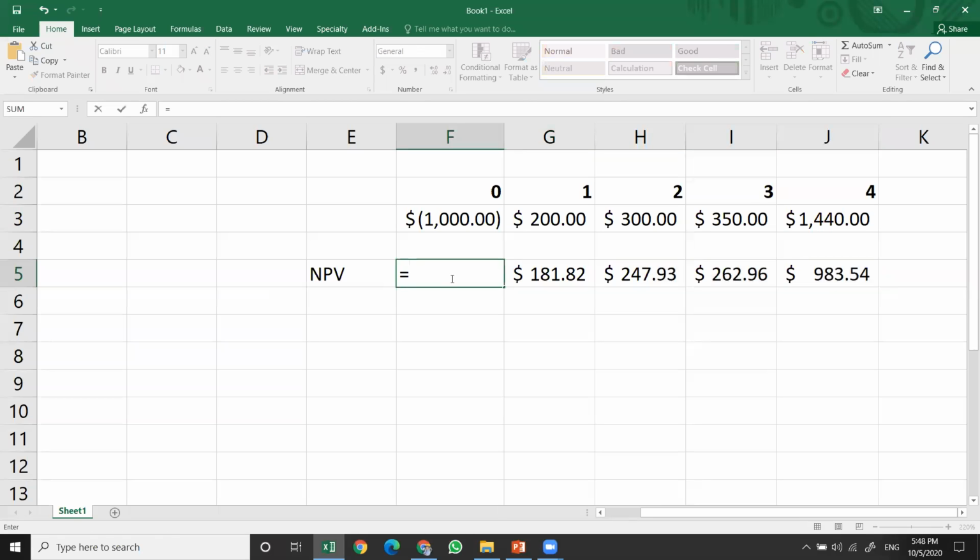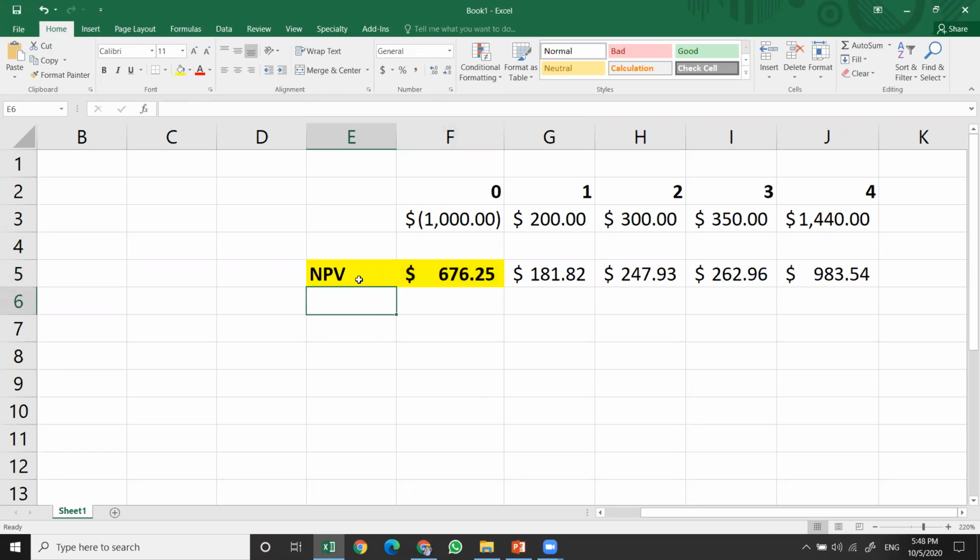And NPV is the sum of the present values of the future cash flows minus the investment cost. This is the NPV at year 0.